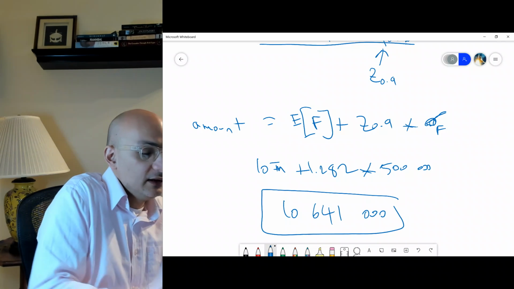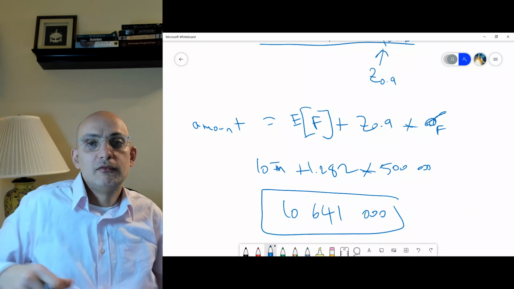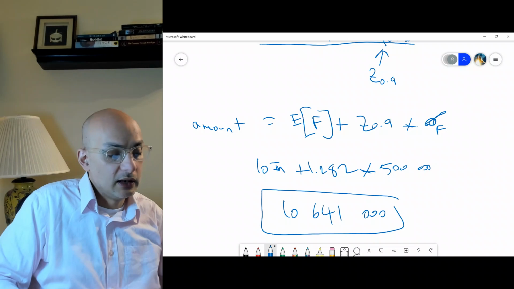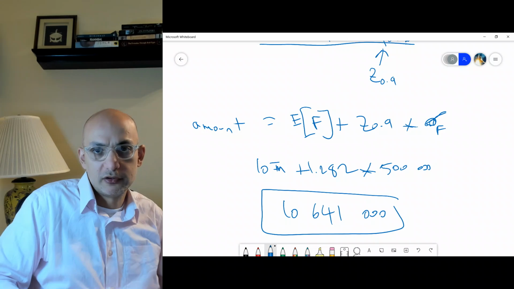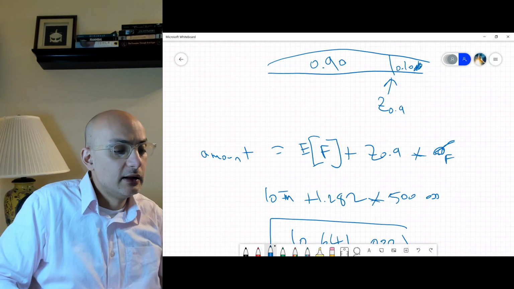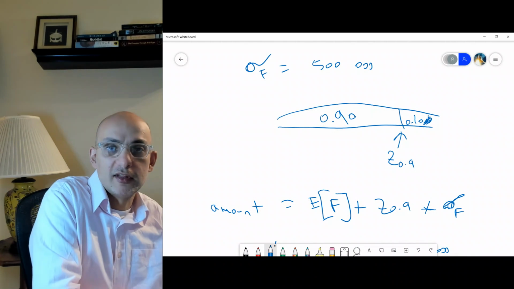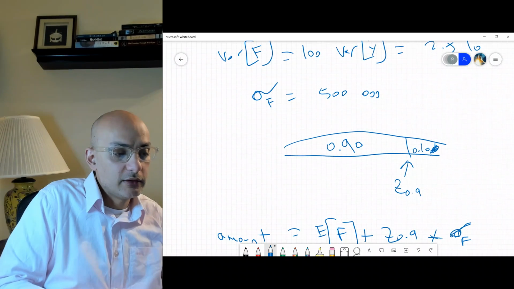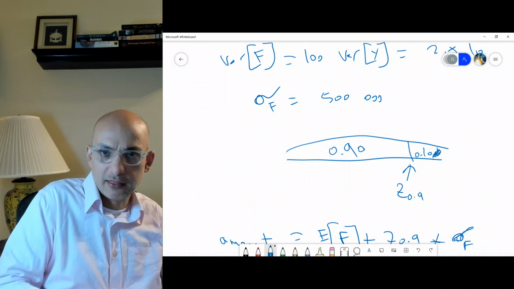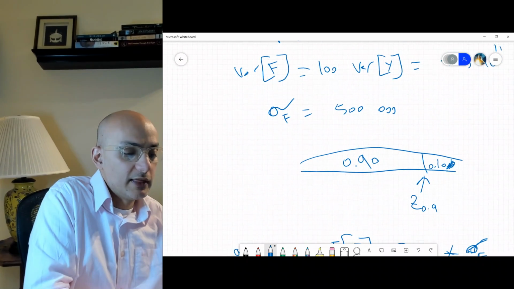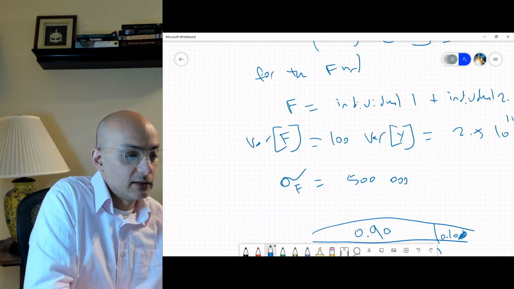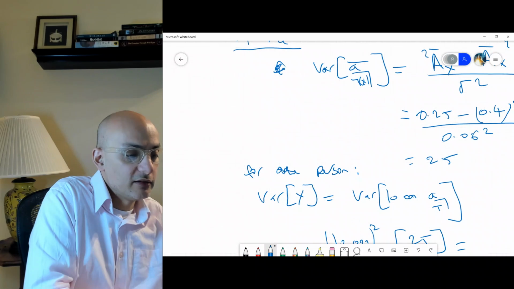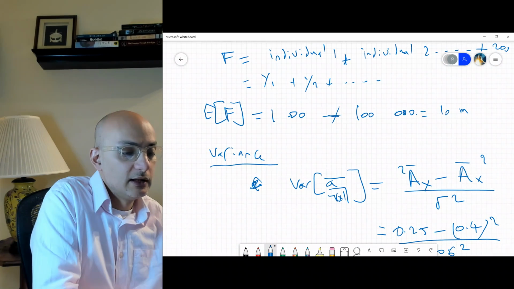So in order for you to pay for these 100 independent lives, you need to keep in the fund 10,641,000 to be able to pay with 90% accuracy, right? But without any insurance, without any risk management, the actuarial present value will be simply 10 million.